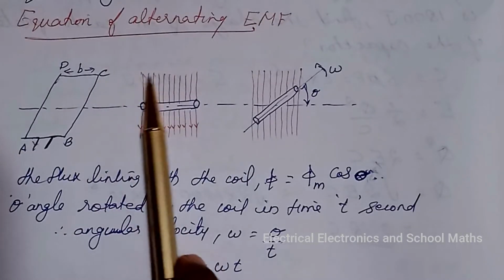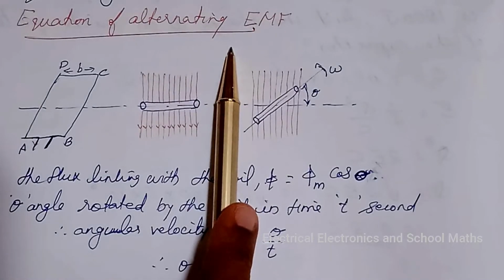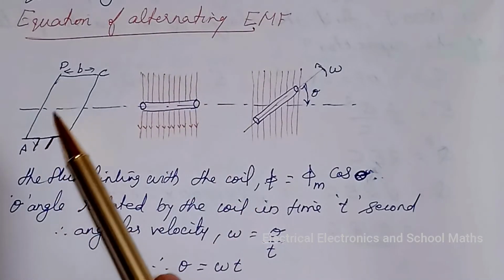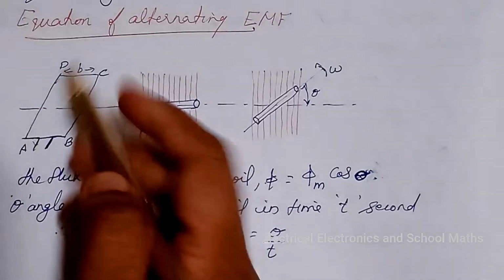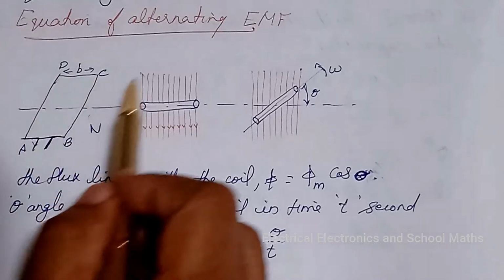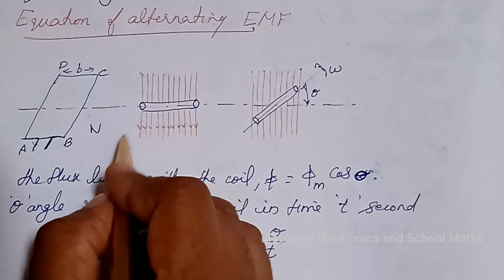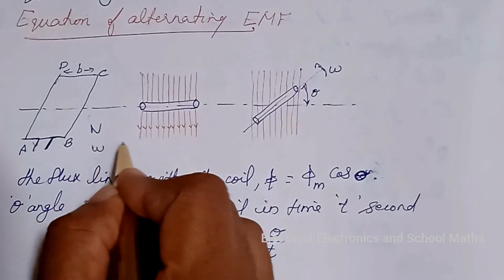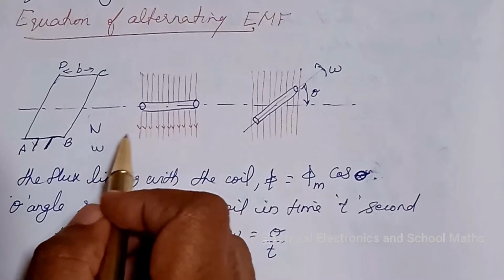Let us study about the equation of alternating EMF. Consider a rectangular coil of n turns rotating in a uniform magnetic field with a constant angular velocity omega radian per second in the anti-clockwise direction.